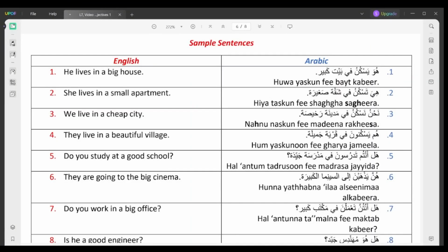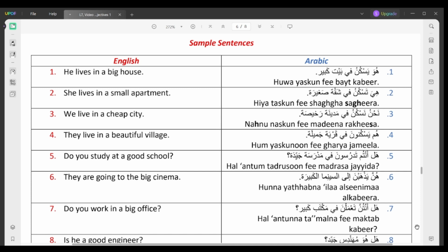Okay, now let's move on to the sample sentences. Number 1, he lives in a big house. Number 2, she lives in a small apartment. Number 3, we live in a cheap city.